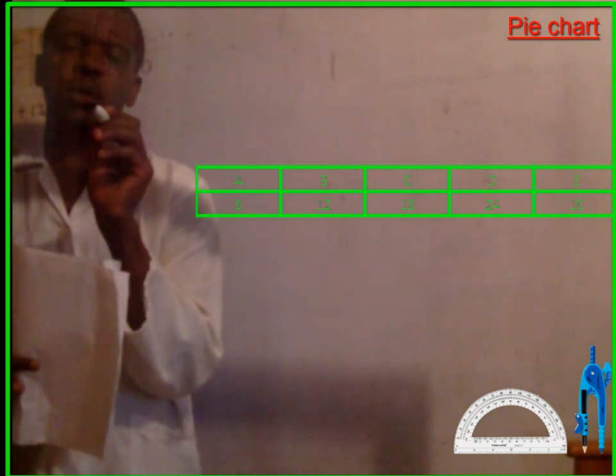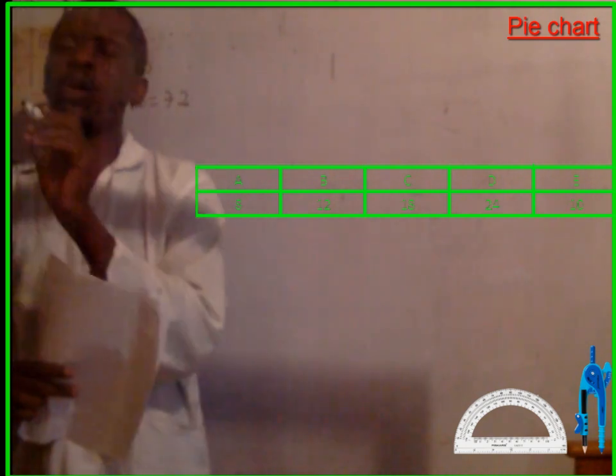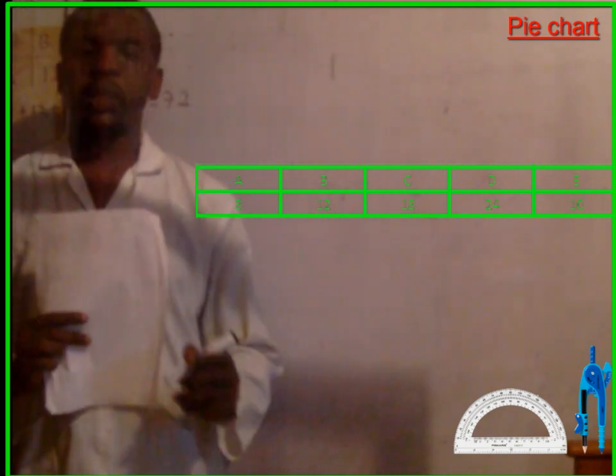Summing all of these values gives us 8 plus 12 plus 18 plus 24 plus 10. So this gives us 72. The total of all of this is equal to 72.